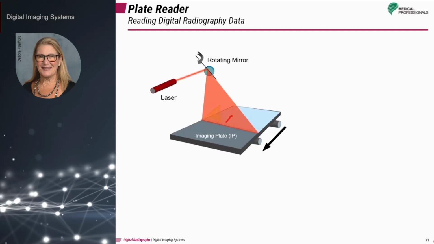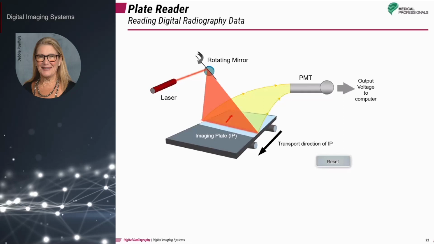The photodetectors convert the visible light into an electronic analog signal. The analog signal is sent to the analog to digital converter, otherwise known as the ADC, for conversion into a digital signal, which is numerical, that can be read and used by the computer to create the manifest image.